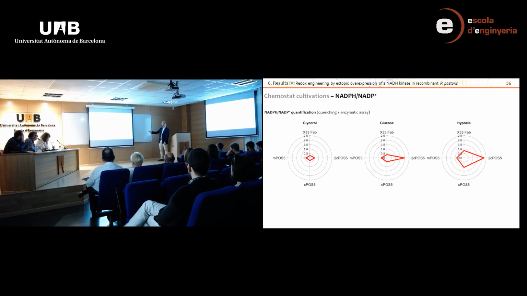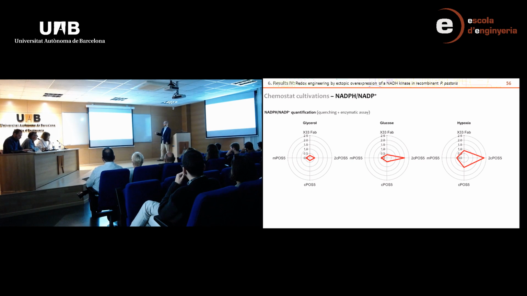In addition to CPOS5, this increase has been even larger, showing more than the double of NADPH availability in comparison to the control strain. So meaning that there's a correlation between the gene copy number and the observed NADPH to NADP ratio, or relating to the enzyme activity.